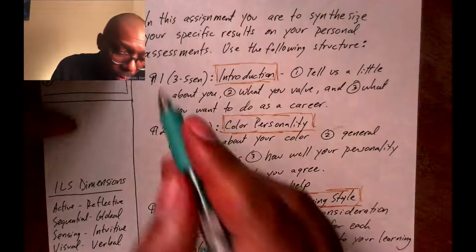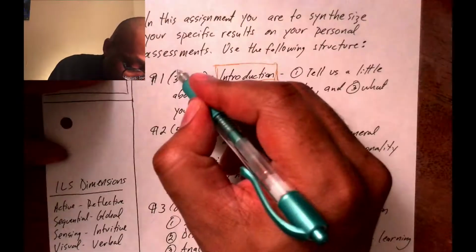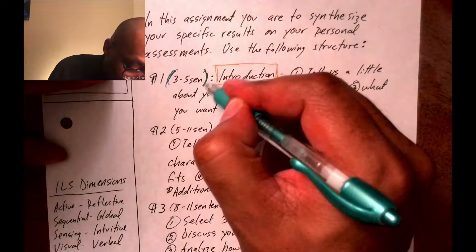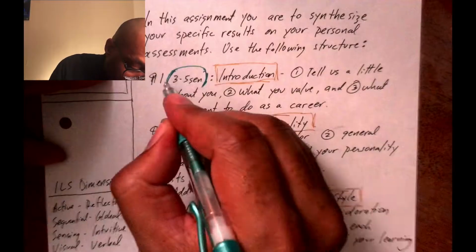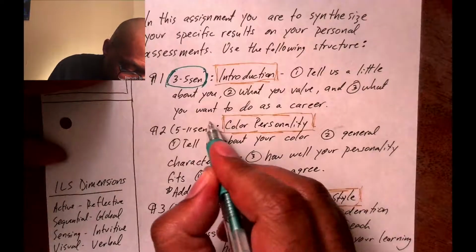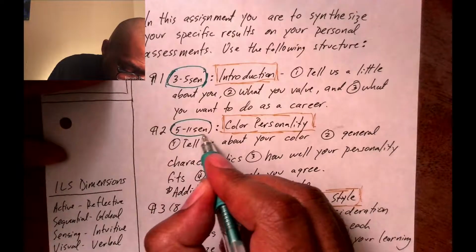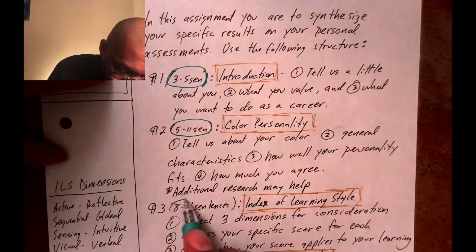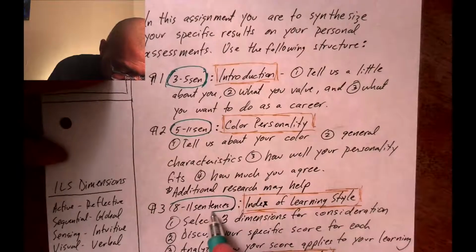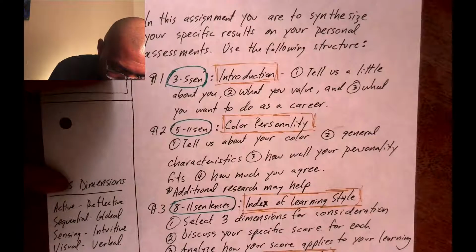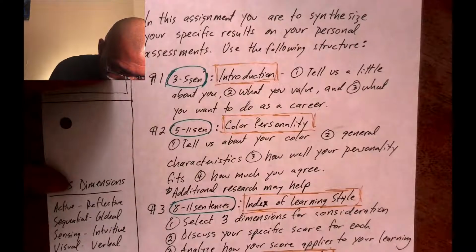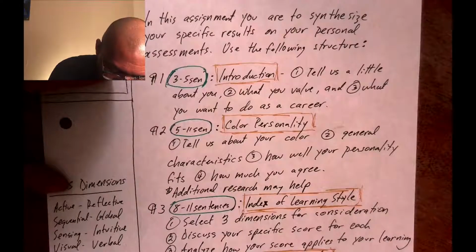So in the details, I want to know that this is 3 to 5 sentences. Let's circle it. Even circling it would be fun. 5 to 11, 8 to 11, 5 to 11, 3 to 5.